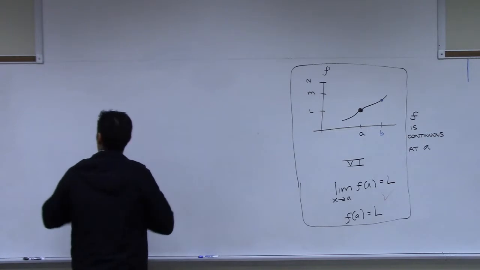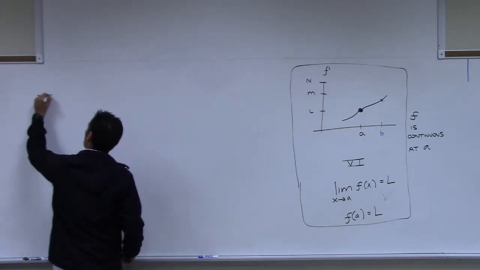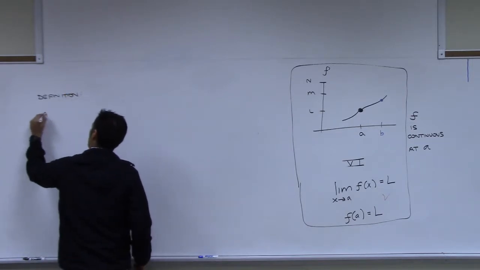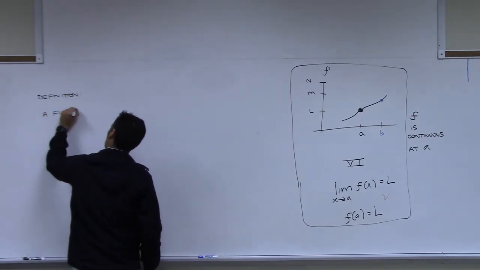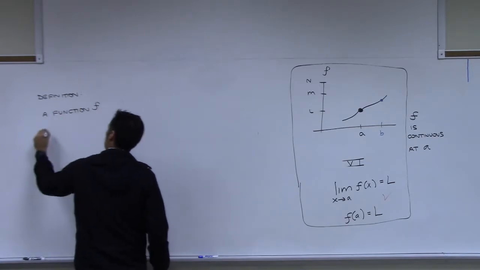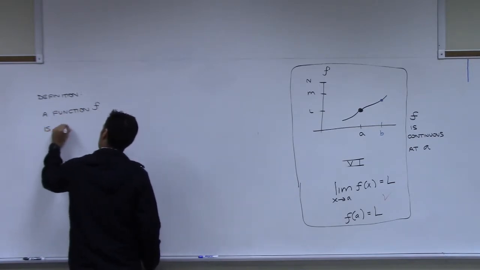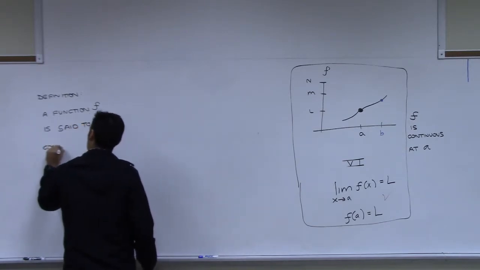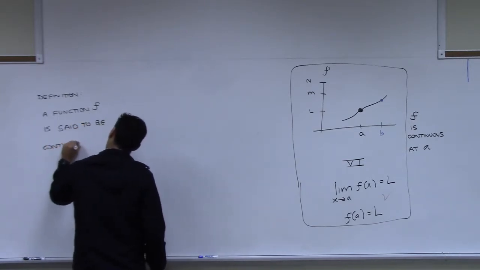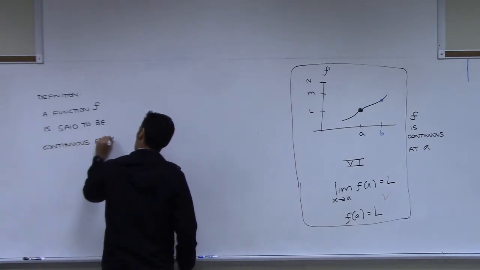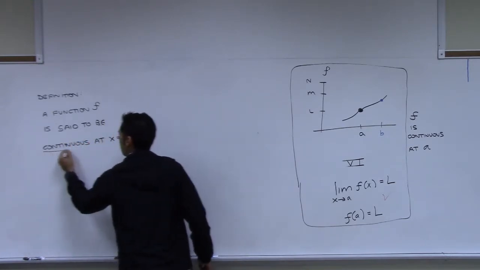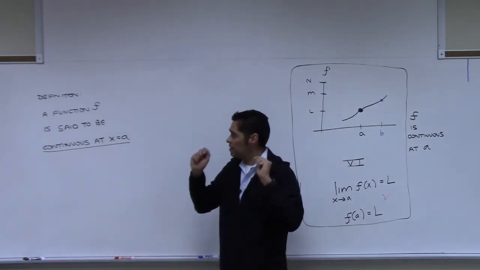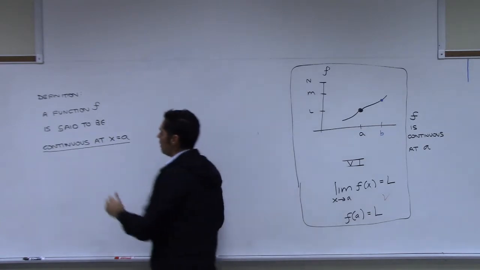The definition of continuity: a function f is said to be continuous at x equals a. I'm going to underline the definition. To say something is continuous at a means this.